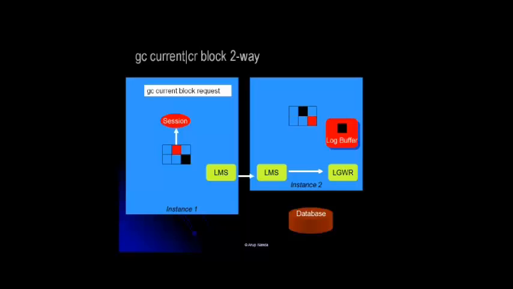Is it continuously? No. It happens at multiple times. One, it may happen every 3 seconds. It may happen when the log buffer is 1 MB full, or one third full, or a commit happens. So it is possible that the log buffer has not yet been written to the disk, not written to the online redo log files, ORLs.